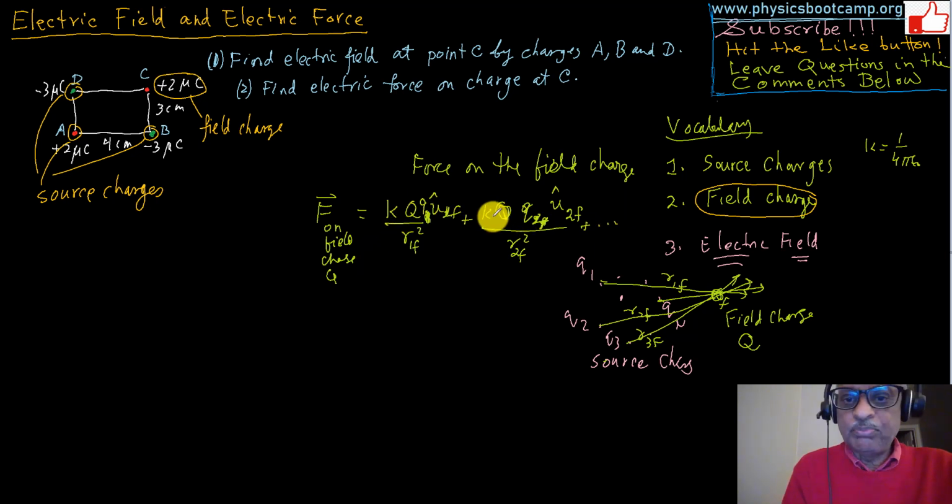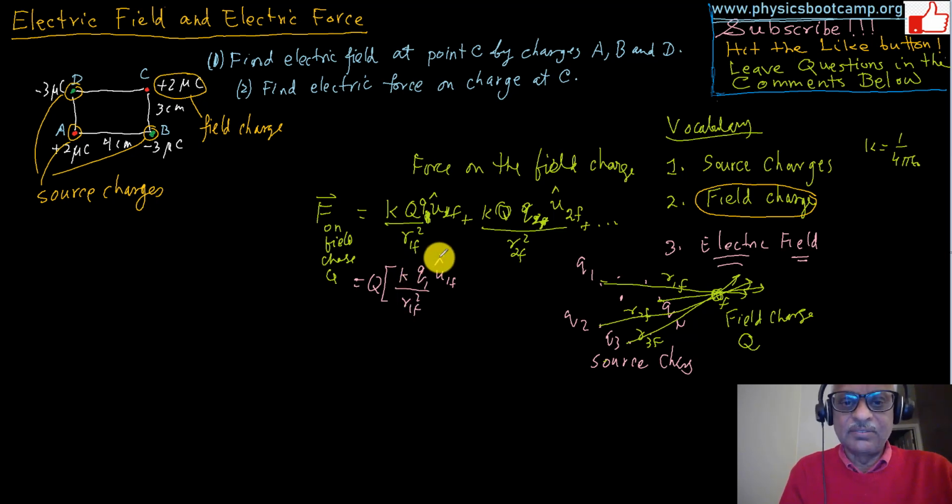Now let's pull the common Q out of all of this, and we'll have k Q1 u hat 1F over r1F squared. This is the direction, and this is the magnitude, but with the sign of this.